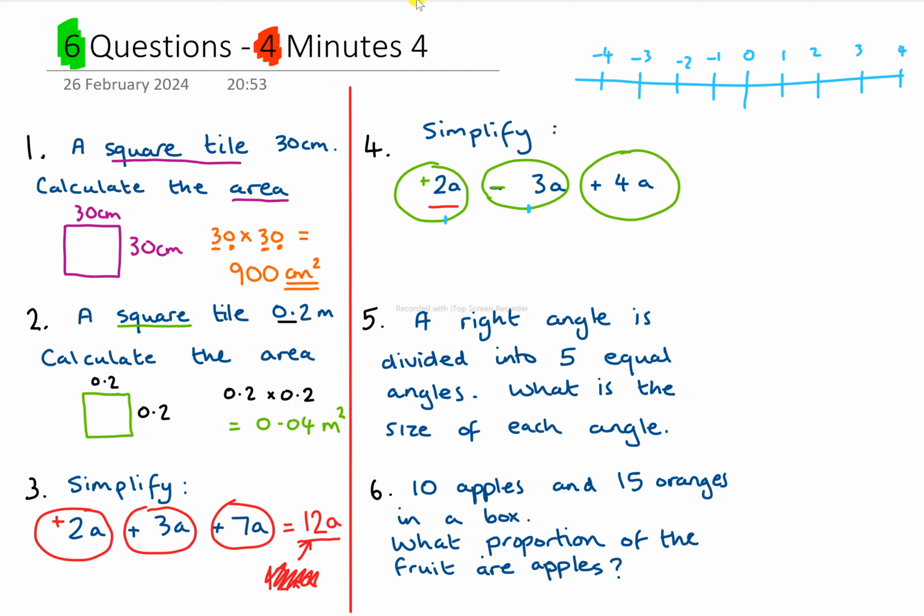So I'm starting at positive 2a, so I'm starting life here. I take away 3a, I go 1, 2, 3. I'm here now. Right, so I've done that. Now I'm going to add 4. Now if I need to add 4, I need to go from here 4 forward. 1, 2, 3, 4.